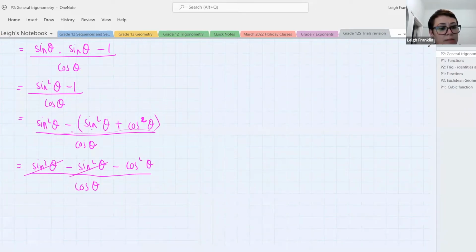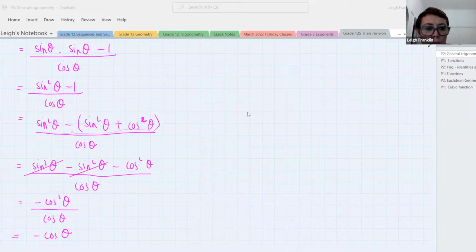Sine squared theta minus sine squared theta is 0. And negative cos squared theta over positive cos theta is negative cos theta. I didn't get 1. I got negative cos theta. Does that make sense, Matrix? That it would be negative cos theta.